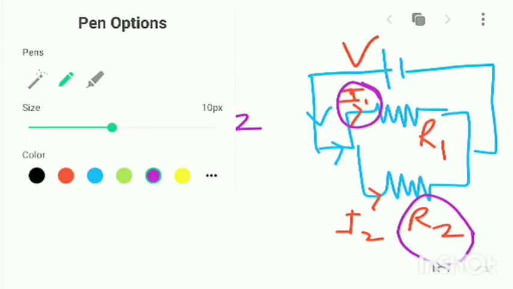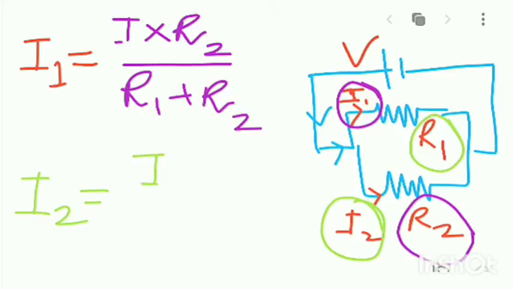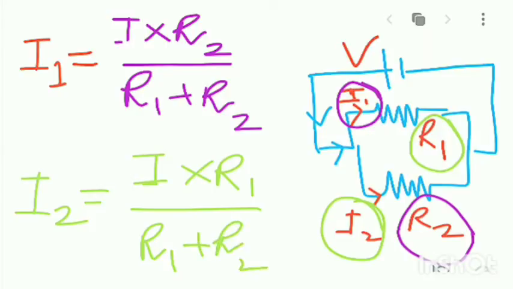And the current flowing in branch 2, that is I2, is related with the resistance R1. That is, I2 equals I into R1 by R1 plus R2. Clear? This is the method of solving the branched currents.